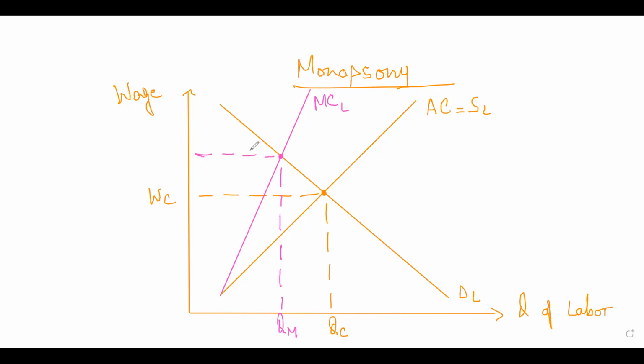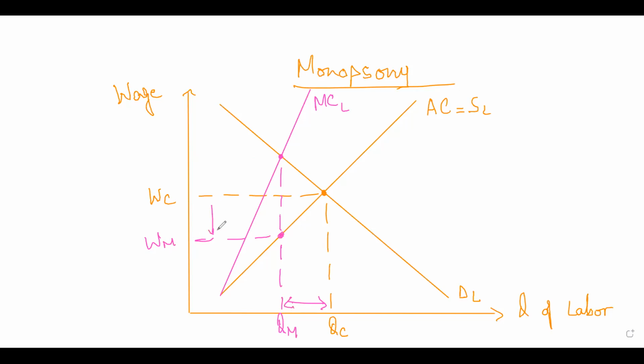But they pay them according to the average cost, or a monopsony market pays labor according to the supply of labor. So that is where this happens. This is the wage that the monopsony will pay to its workers, right? So you can see for yourself that the wages in monopsony are lower than what is paid in a competitive market, and even the quantity that a monopsony market hires is less than what a perfectly competitive market hires.